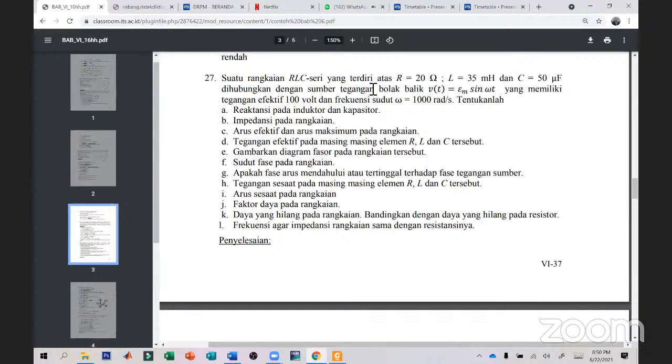And attached to the alternating voltage, and the voltage is V maximum sin omega t, and has effective voltage. Nah, ini yang berarti tegangan efektif. Effective voltage 100 volt, and the angular frequency is 1000 radians per second.